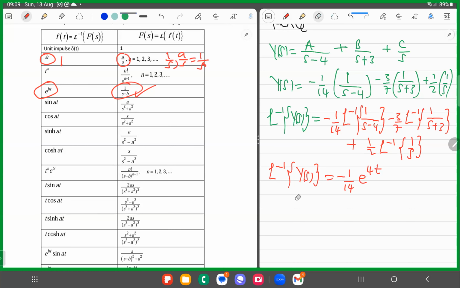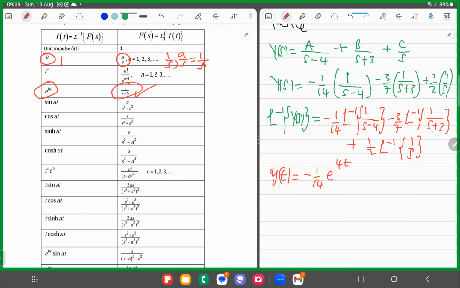So even here, we can just change this. The inverse Laplace transform of Y of s becomes y of t. Then we continue, so you have y of t here, and this is minus 1/14 e to the 4t.